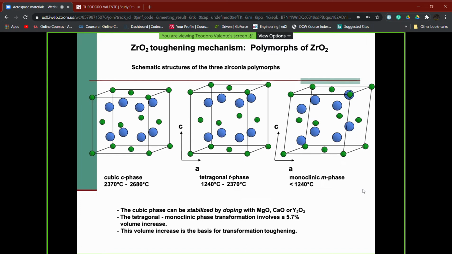So we call it C phase, T phase, or M phase, depending on the thermodynamically stable phase.